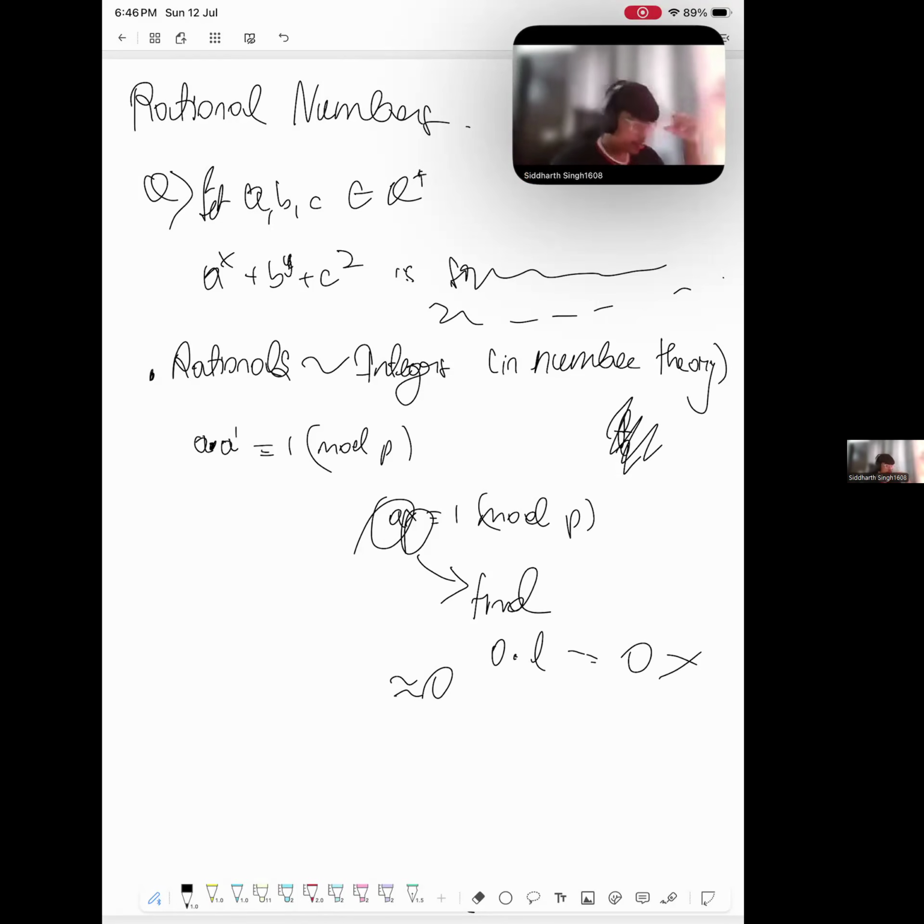There's standard notation for inverses. You can write the inverse of a as a dash, a inverse, and so on. But the one notation I want you all to pay careful attention to is 1 by a.